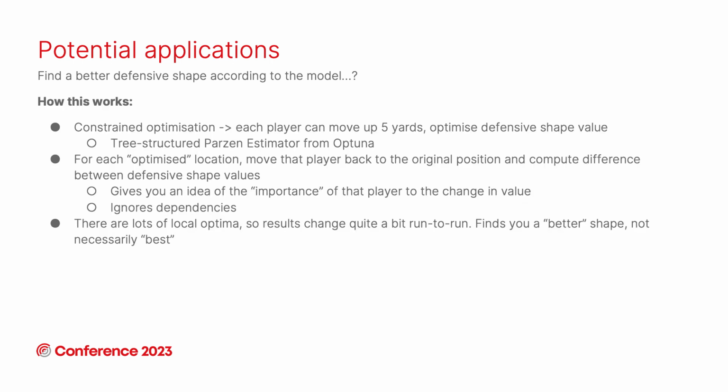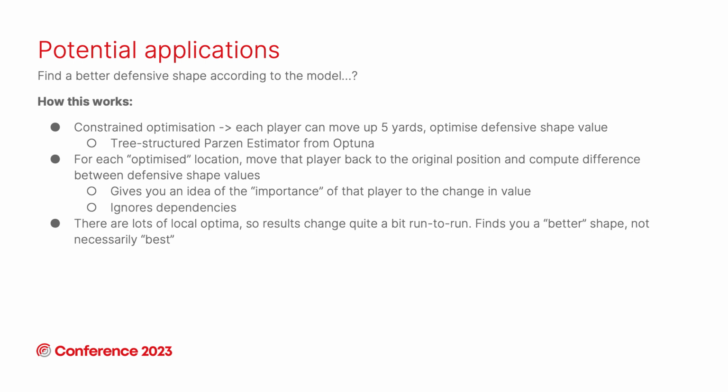So a little bit more about how that works. It's constrained optimization. Each player can move up to 5 yards, and then you tell the optimizer to go and find the best defensive shape value according to the model. And then there was sort of a notion of importance of movement of each player to the overall improvement in defensive shape, which ignores dependencies between players.